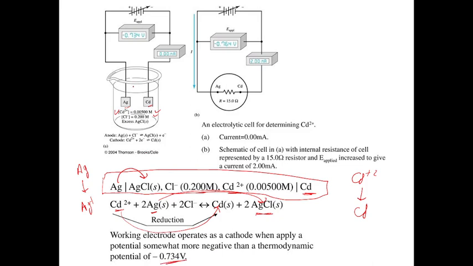So if you are making this cell, its potential is minus 0.734. To deposit this cadmium, you need to apply a little more voltage compared to 0.734. So this is what we are going to say.